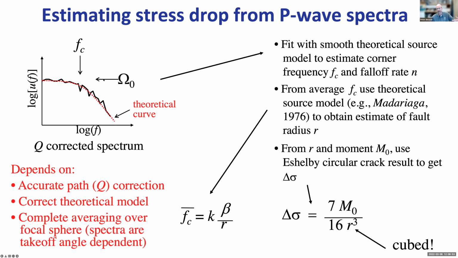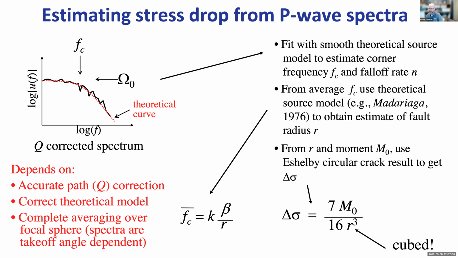So we assume we have a true seismic source spectrum, and then we're going to fit that with a theoretical curve from which we can get the corner frequency.